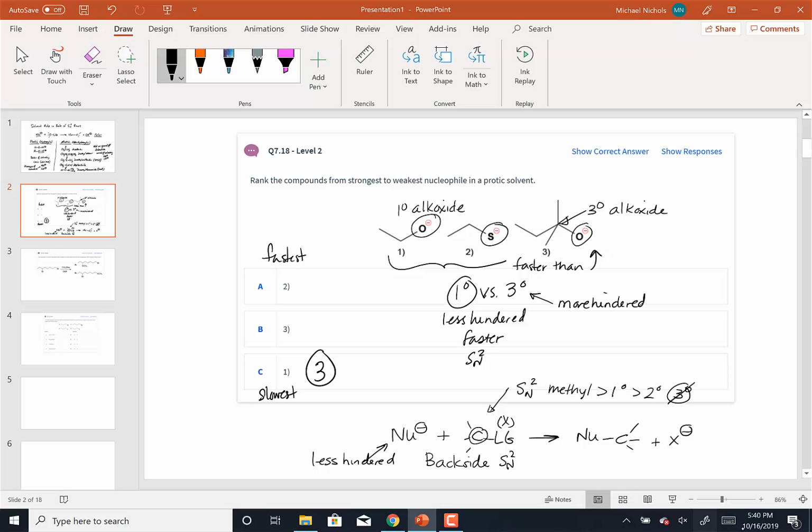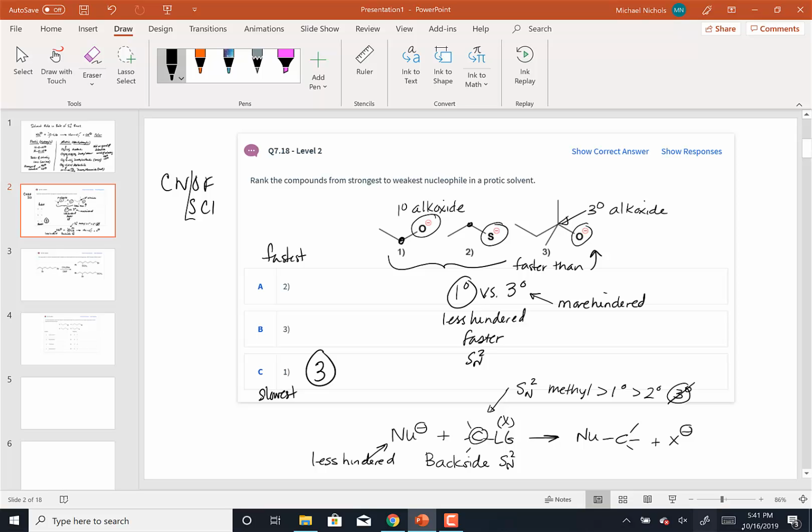All right, great. So now we're down to 1 and 2, which are both primary. The O minus is attached to a primary carbon. The S minus is attached to a primary carbon. If we take a look at the periodic table, we have C, N, O, F, Cl, and the sulfur is underneath the oxygen. So what's the relationship between oxygen and sulfur?